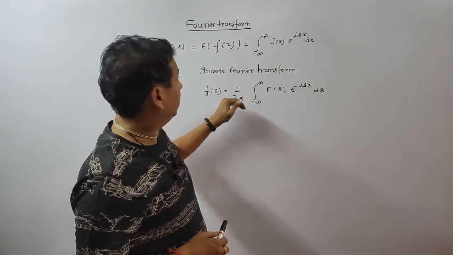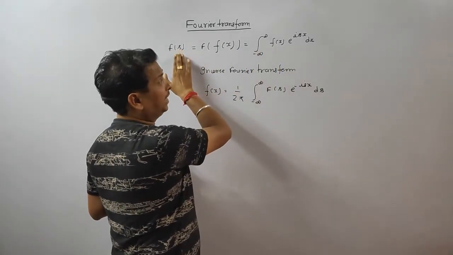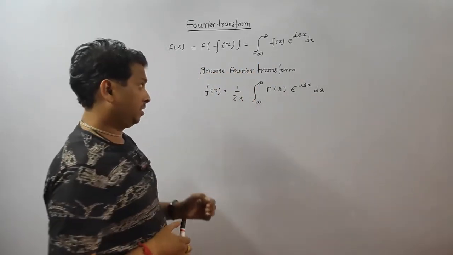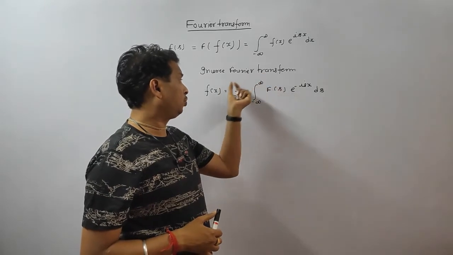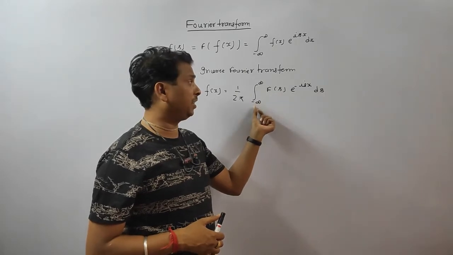This is the main formula. When f(x) is given, you can calculate F(s) by using this formula. Then using the inverse Fourier transform, you can calculate f(x) when F(s) is given using this formula.